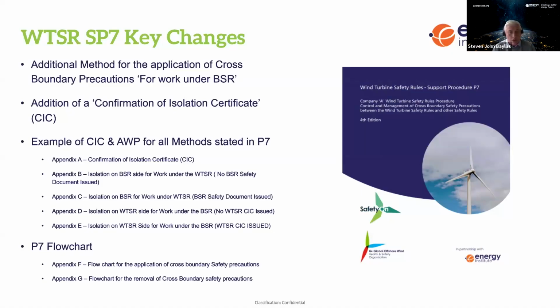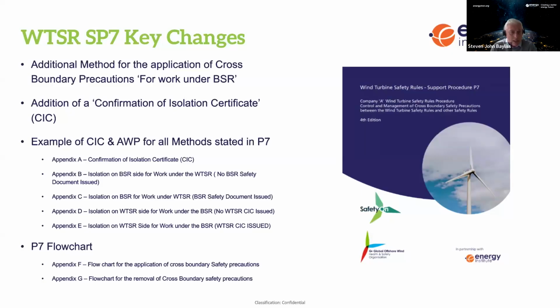There's also an addition of a confirmation of isolation certificate. We call that a CIC. And then following on from that, there are some examples of CICs and some examples of AWPs that are stated in the P7 document. So we go through the appendices.